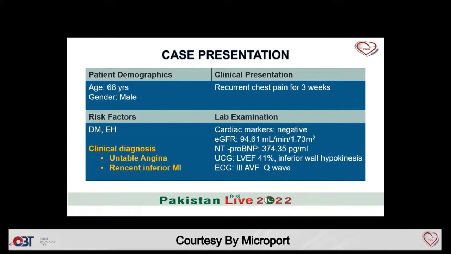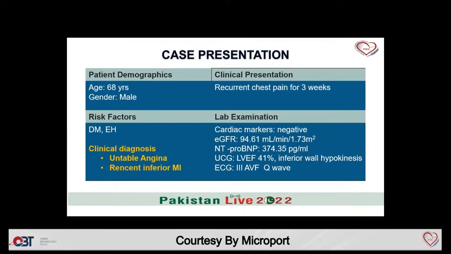Ladies and gentlemen, I'm honored to introduce the case presentation. This is a 38-year-old male admitted to our hospital because of recurrent chest pain for 3 weeks. Three weeks ago, the patient had a non-STEMI and was treated with medication in another hospital, and because of recurrent chest pain was then transferred to our hospital. The patient had diabetes and hypertension.